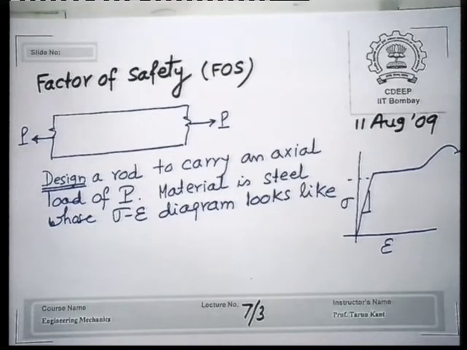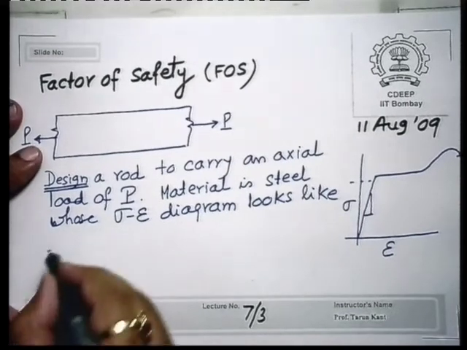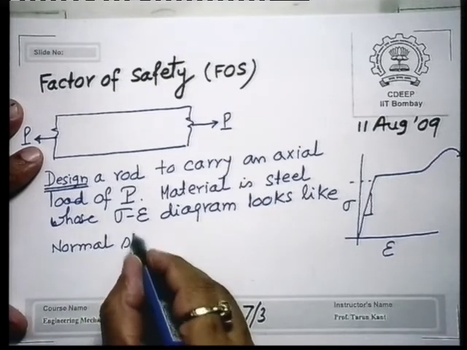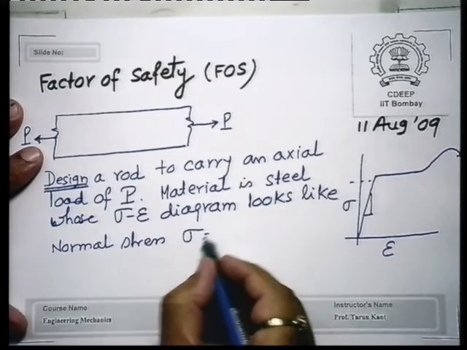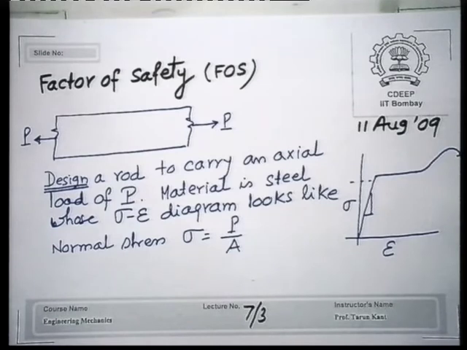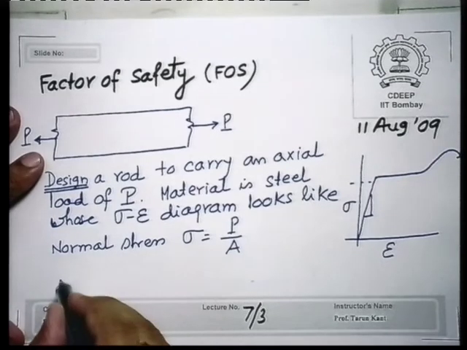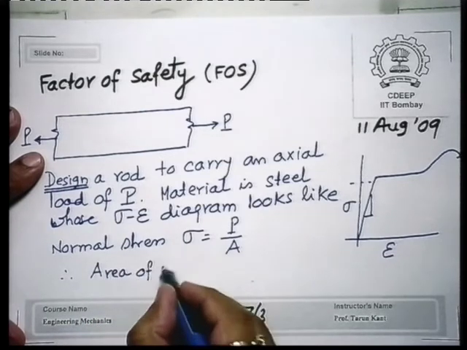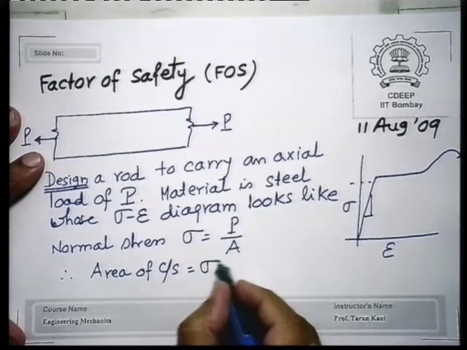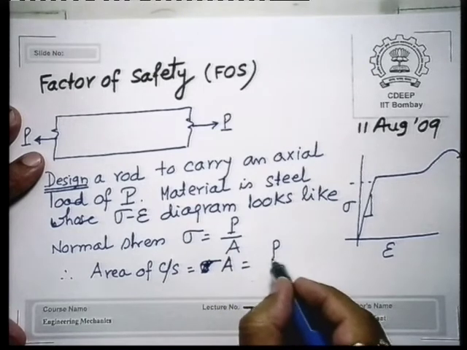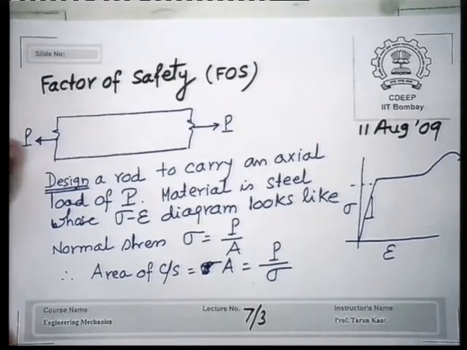So, what you will do, normally you know that normal stress sigma is equal to P over A. A simple formula you have got, and therefore area of cross section A is P over sigma. Yes, load is given to you.